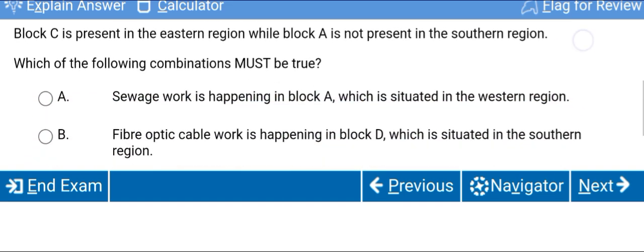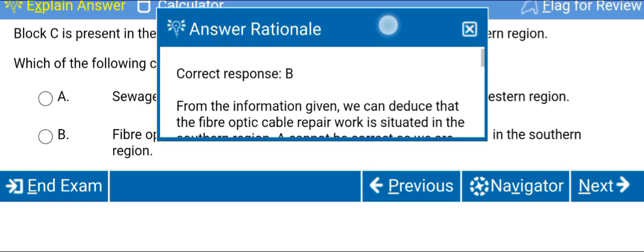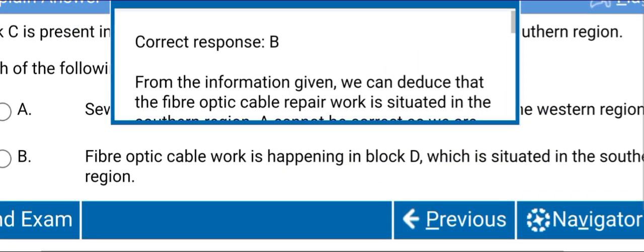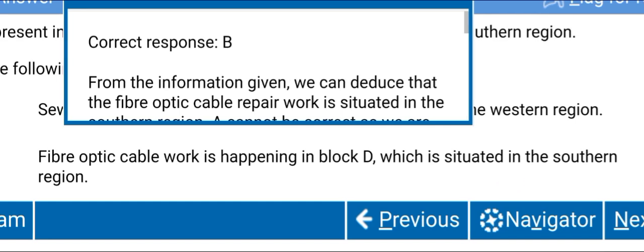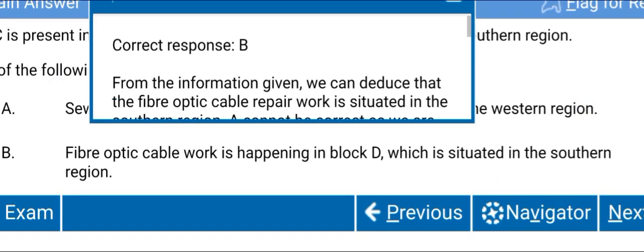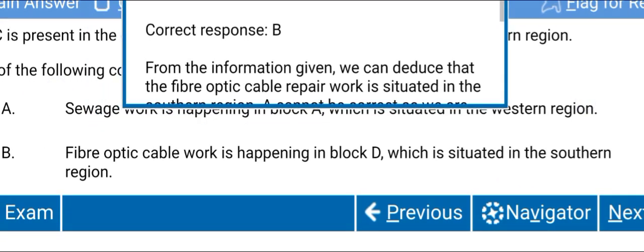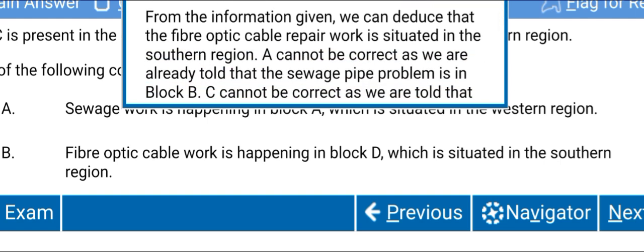So here we have these four statements, or combinations, and you have to tell which must be true. So option B is the correct response. From the information given, we can deduce that the fiber optic cable repair work is situated in the southern region.